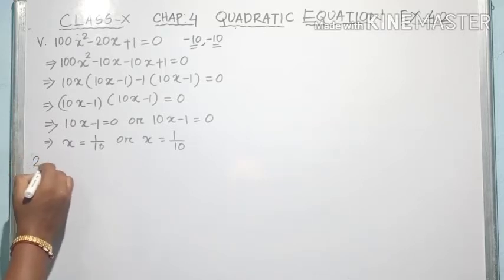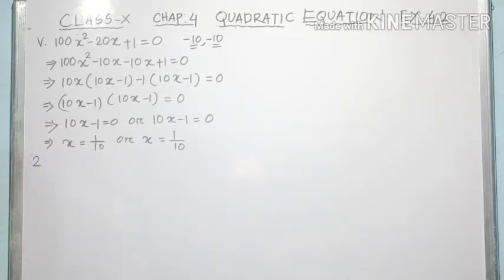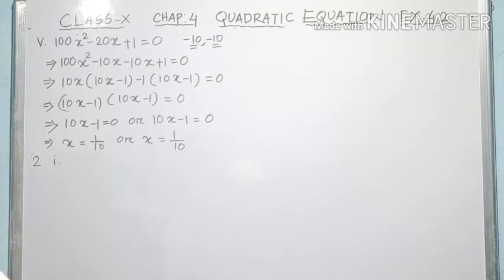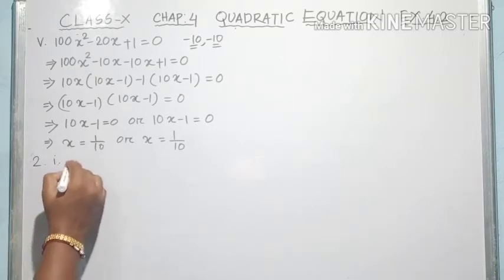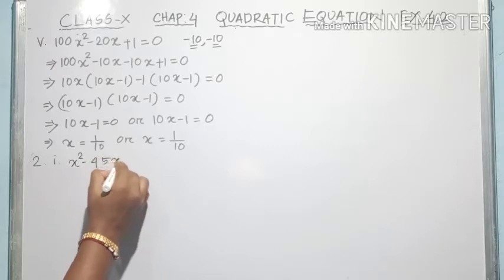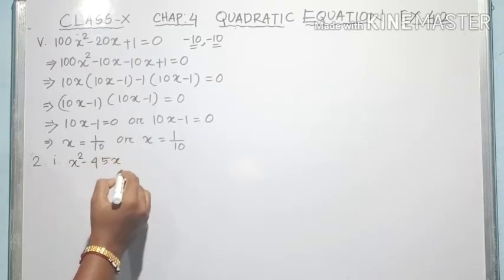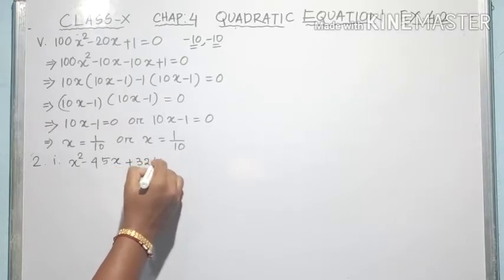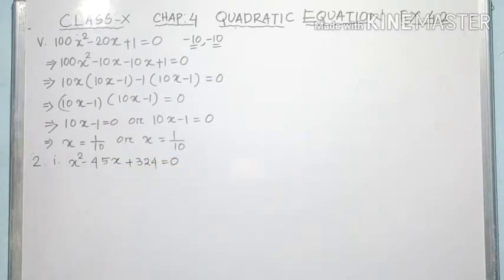In example 1, the equation is x square minus 45x plus 324 is equal to 0.